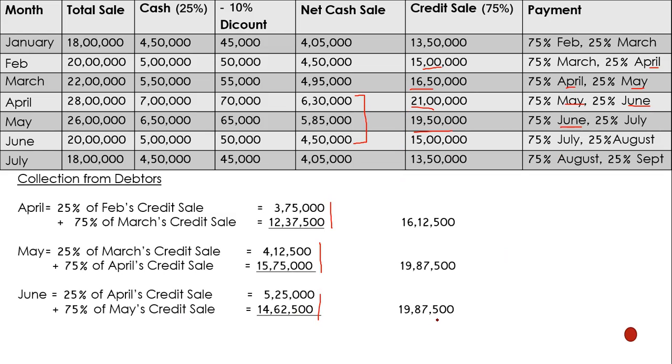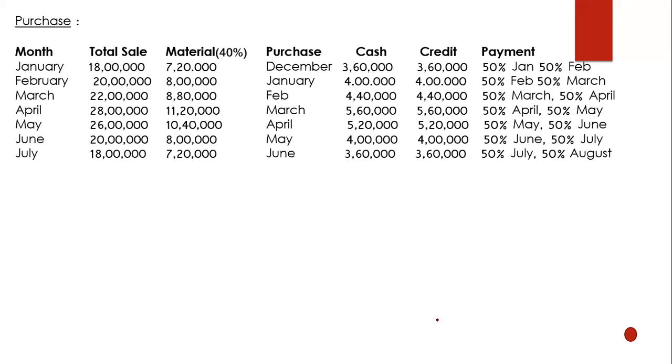Okay, so now we'll find out the purchase. So for purchase, first we have the month's total sale. Now 40% is material, 40% of total sale. Okay, so obviously we purchase the materials.